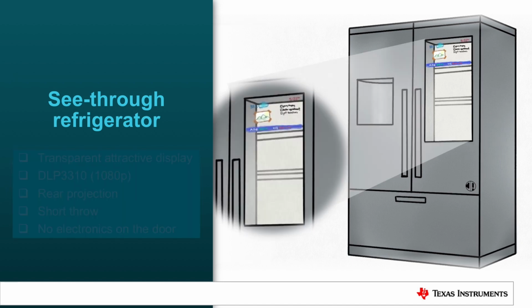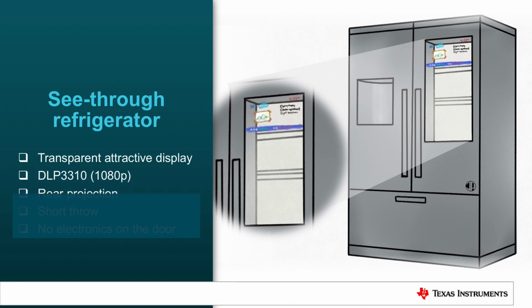Here you have a transparent, attractive display with high contrast by using rear projection. This utilizes short throw optics, and the projection goes from the refrigerator up to the window.